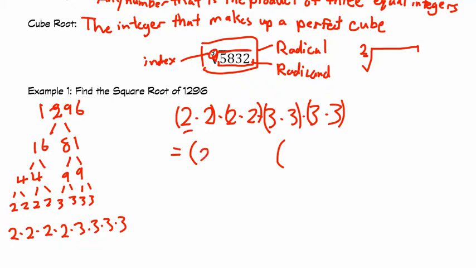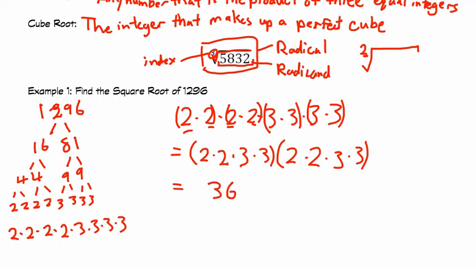So this 2 goes here, this second 2 goes in the second bracket, and we get 3 into each, and the last 3 into each. So this becomes 36, and this is the exact same, 36. So 1296 is the same as 36 times 36. So the square root of 1296 is equal to 36.